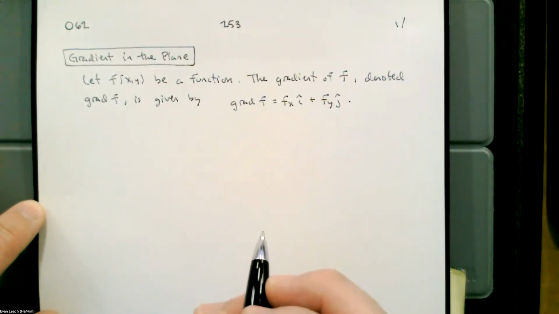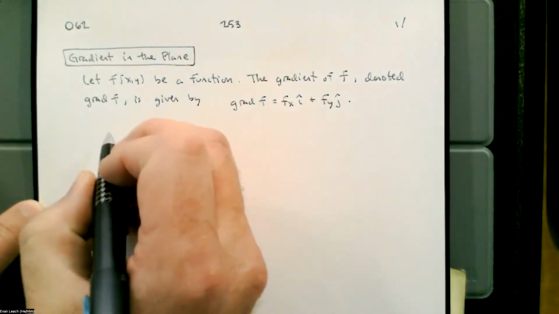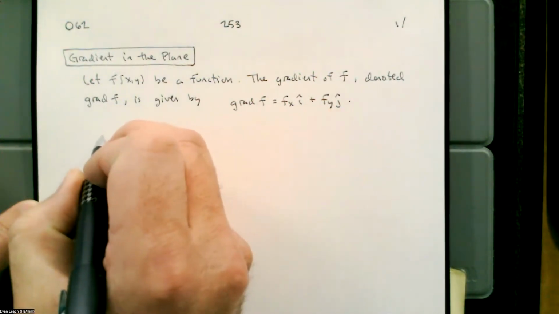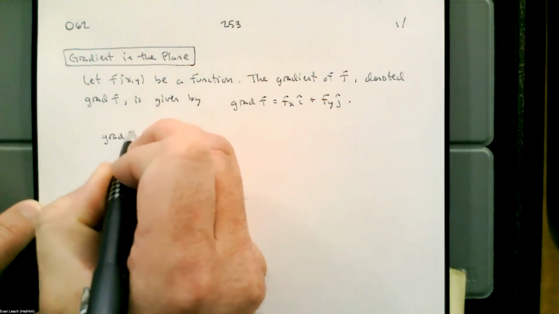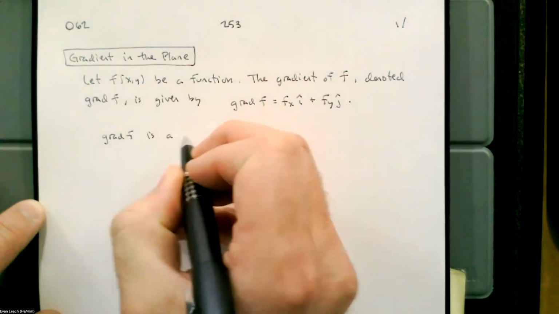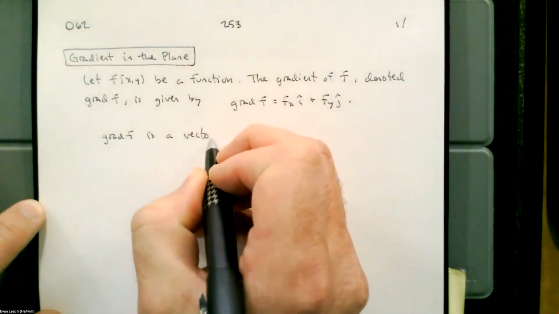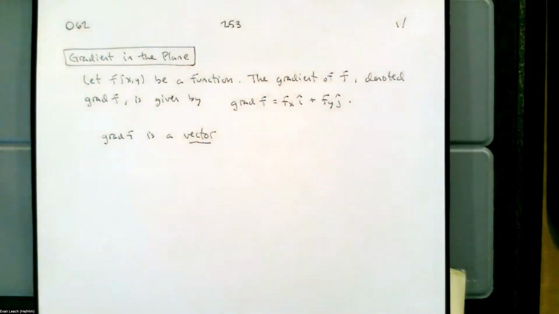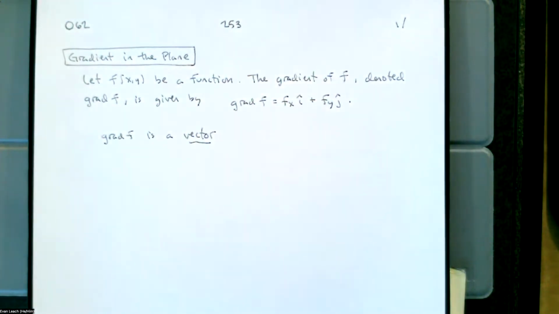Here are the things that we want to remember about the gradients. So the gradient of f is a vector. Bears repeating, it's important.